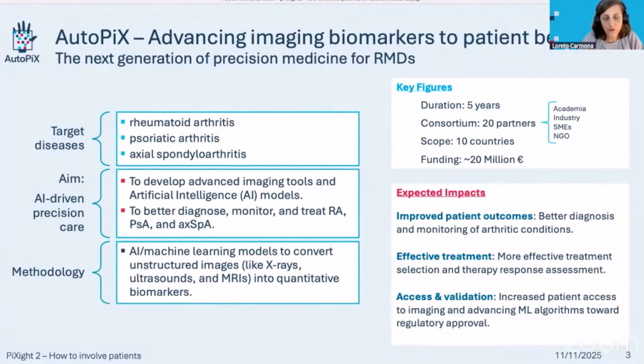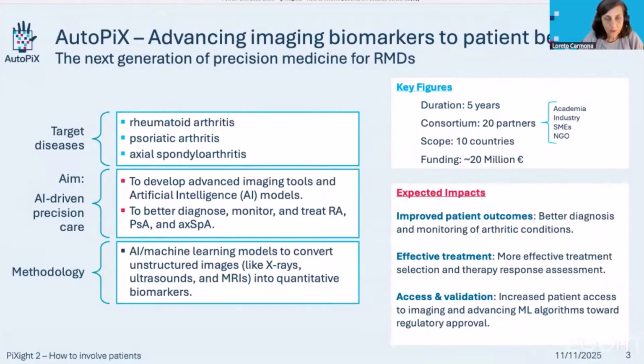And this is all done to better diagnose, monitor, and treat these three diseases I just mentioned. It follows a complicated methodology, AI machine learning models to convert unstructured images to quantitative biomarkers.